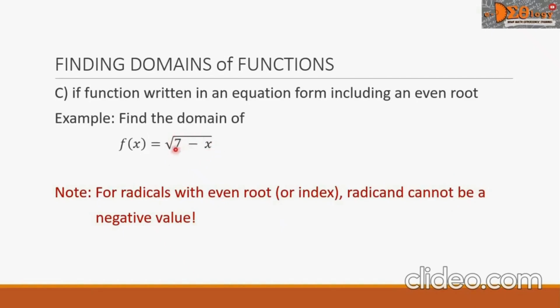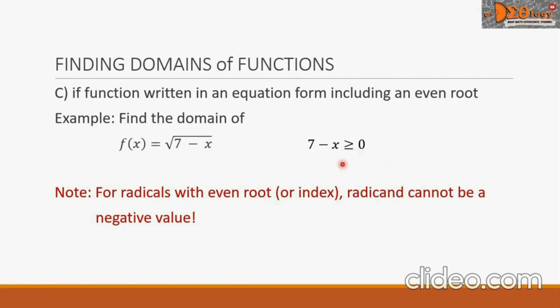And in our problem, the index is 2. So what we'll do now is copy the radicand, that is 7 minus x, and then we will write greater than or equal to 0, because the radicand cannot be negative. So we will always use this symbol, greater than or equal.